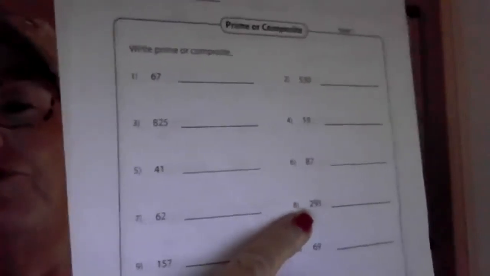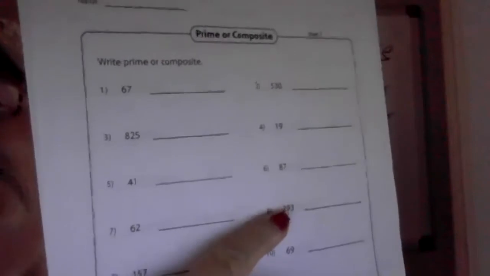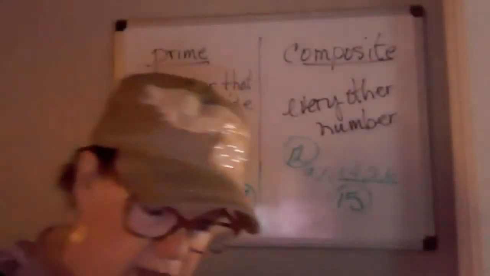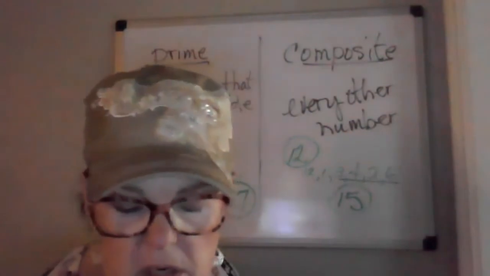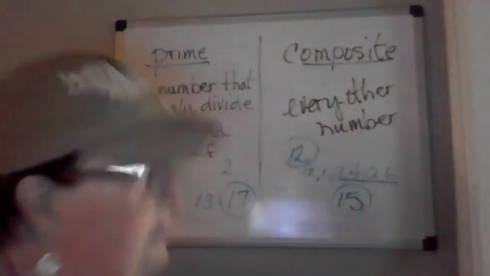So let's go through the divisibility rules right now, and you can use those to decide if these will divide by something besides 1 and itself. So here are the divisibility rules real quick. You don't have to memorize them, but the more you're familiar with them, the easier your division is going to be, especially when we get to prime factorization again.